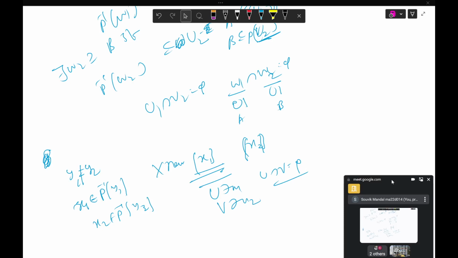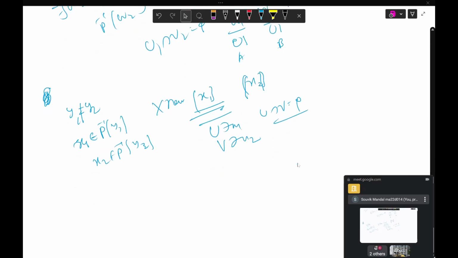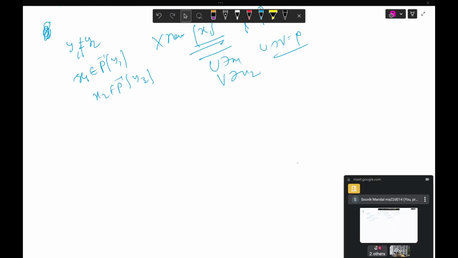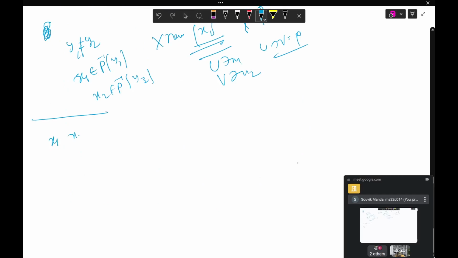Because the singletons x1 and x2 are closed, and X is normal, there exists an open set such that x1 is contained in U, and x1 is nothing but the inverse image of a singleton y.